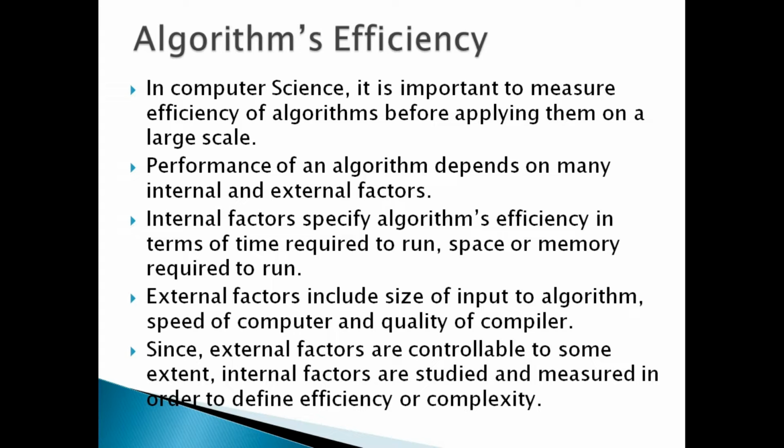You can control the size of input, the speed of computer and the quality of compiler. So the internal factors are studied and measured in order to define the efficiency, or it can be called complexity, of an algorithm. So we will be focusing on the internal factors.